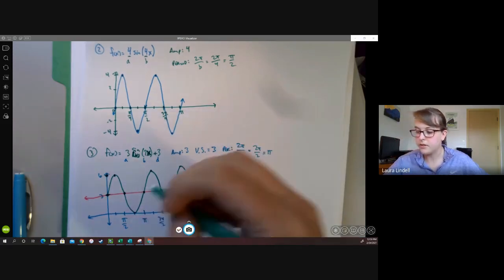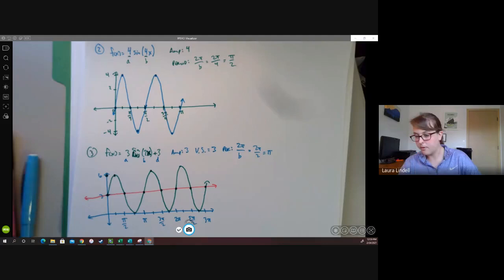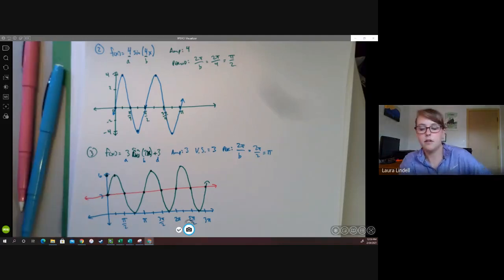And it's going to continue oscillating like that. And typically your graph will look a little bit better than that if you graph it in an actual graphing calculator, which is what we're going to look at next. And we're going to do it with this exact function here.